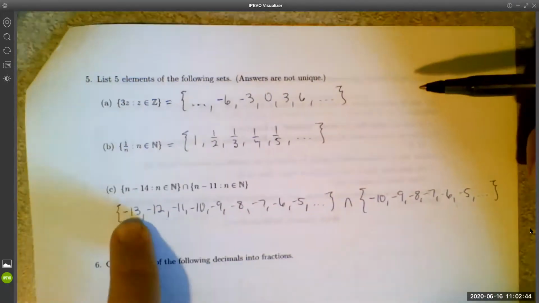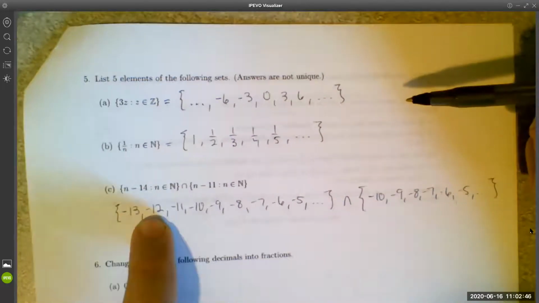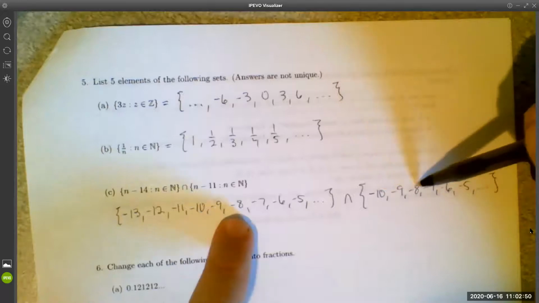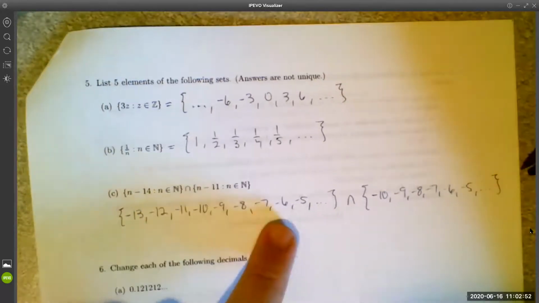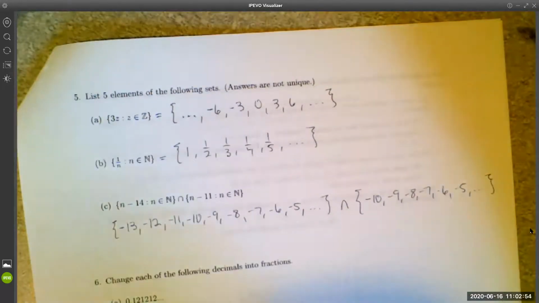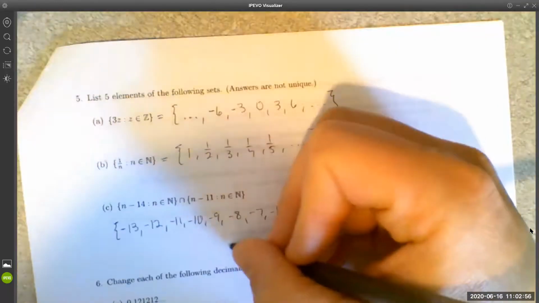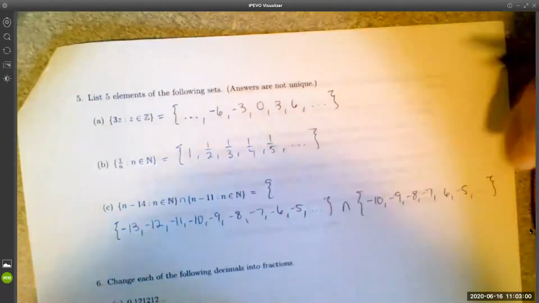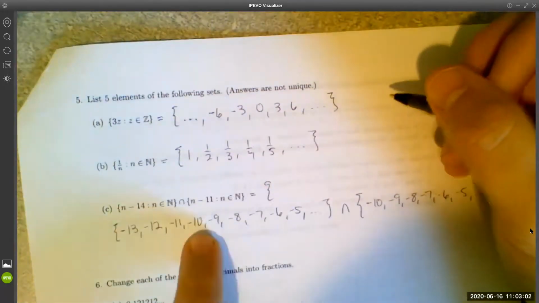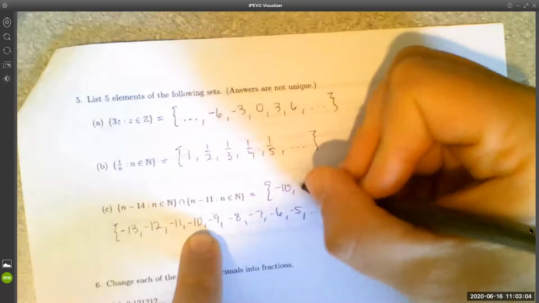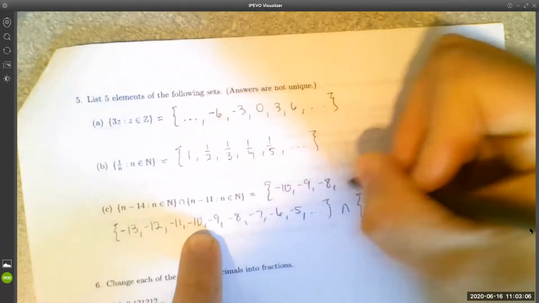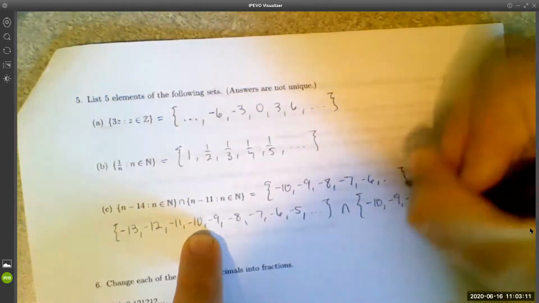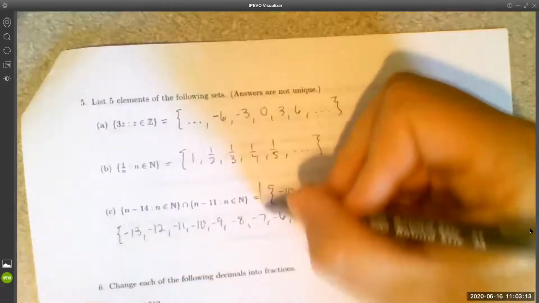Well, they don't have -13 in common, or -12 or -11, but they do have -10 in common, and -9 and -8, and every number after that they're going to have in common. So five elements of this set would be like -10, -9, -8, -7, -6. Right? That would be 5 elements of that set.